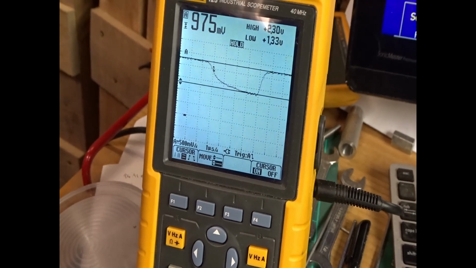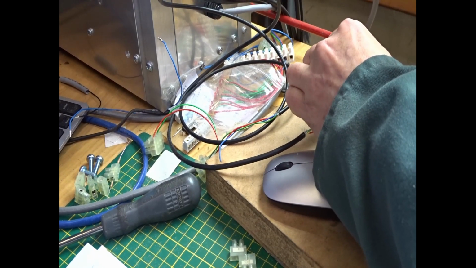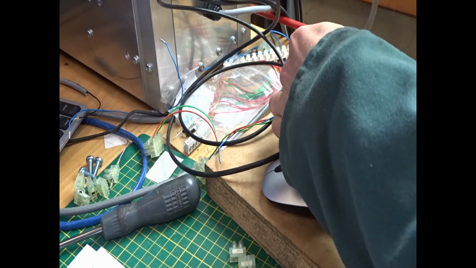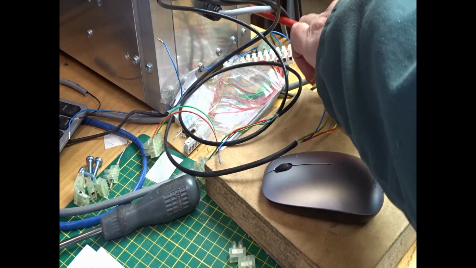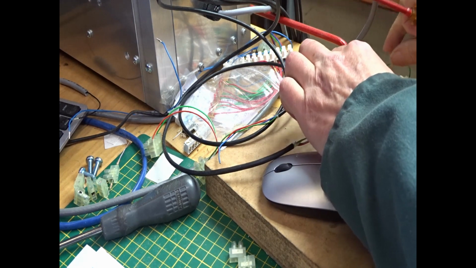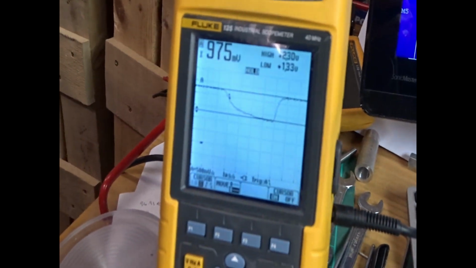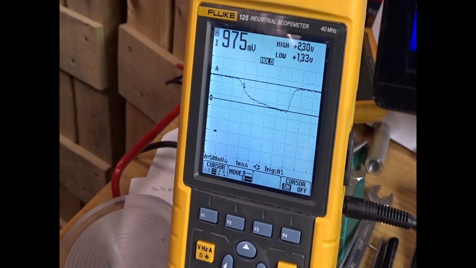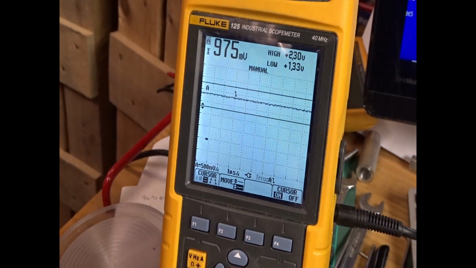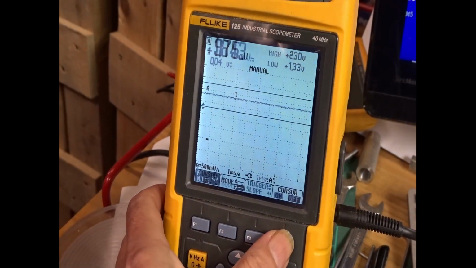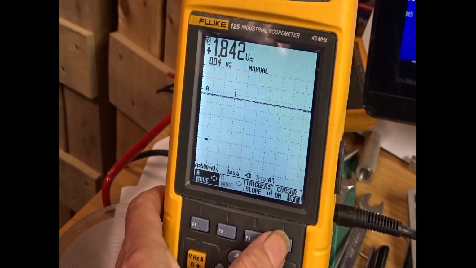Now if I was to take off this little circuit, let's pull off that signal. Okay, it's gone. Let's see what this scope shows. Now the voltage is, sorry, what am I doing?